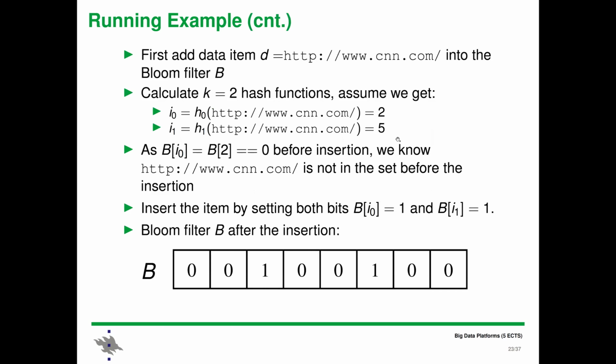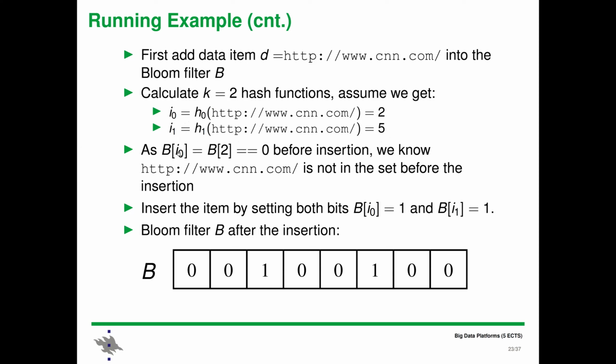So let's add a data item, for example, www.cnn.com, to this Bloom filter. We calculate two hash functions, and let's say the first hash function returns 2, and the other independent hash function returns the value 5.